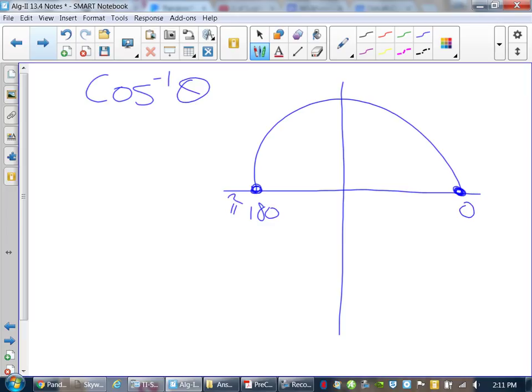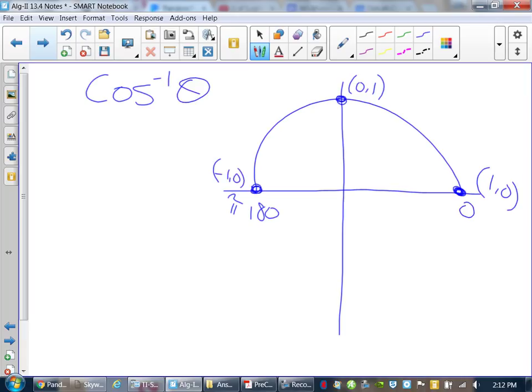Which means, again, cosine can land on one of 3 quadrantals. So you know that the cosine at 0 is 1. The cosine at 90 is 0. The cosine at pi is -1.